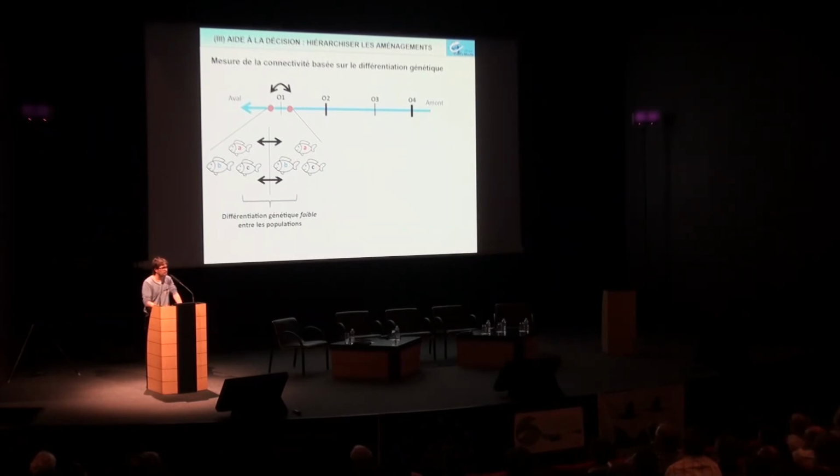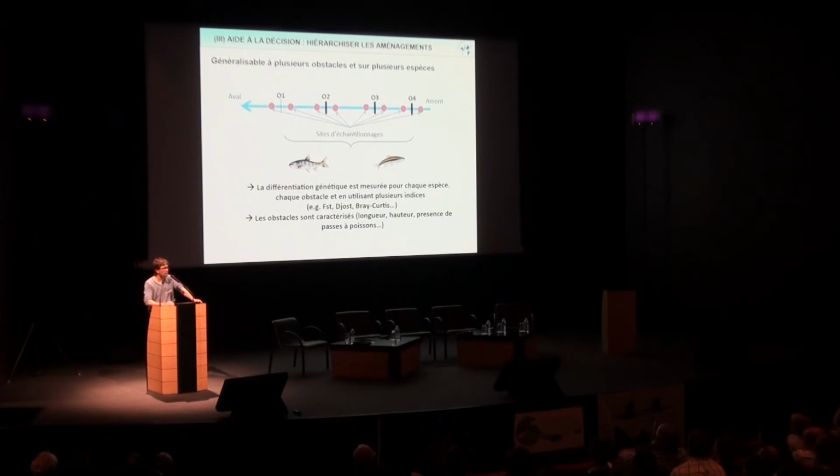So we can expect a small differentiation between the population, but if we have got big troubles with the weirs, well, the genetic differentiation between upstream and downstream will be higher. And this is the principle that we try to implement and to expand to all the obstacles that we can find on a river.